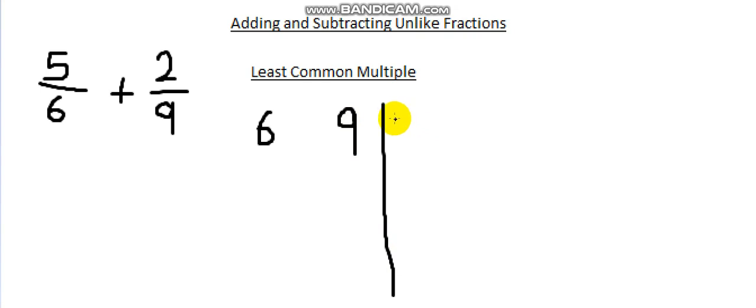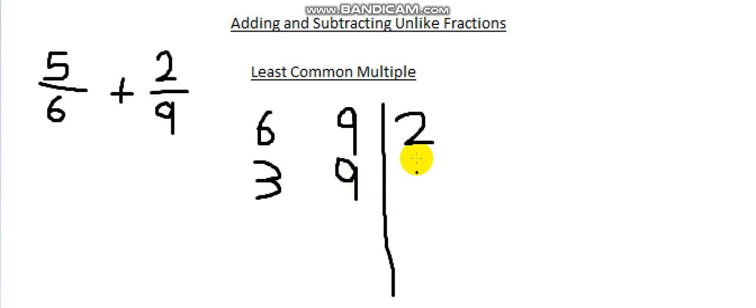So I think the next number I would be able to is 2. Can I divide any of these numbers with 2? Well, yeah, I can divide 6 with 2. So I write 2 here, and I think 6 divided by 2 is 3. Can I divide 9 with 2? No, I can't. So I just rewrite 9.